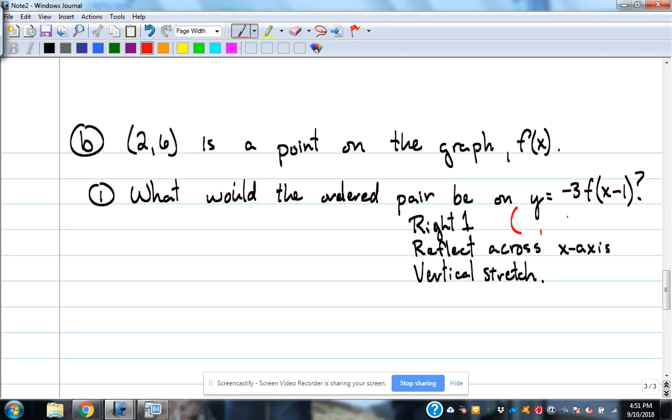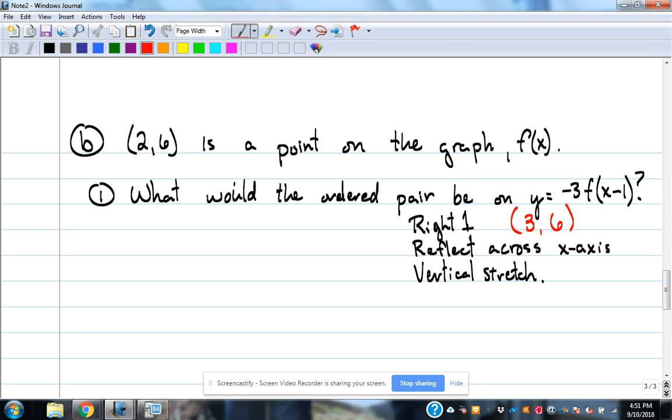Just right 1. I'm just doing one piece at a time. It'd be 3, 6. Doesn't go up or down any for that first part. So after I move right 1, it just moves the x value to the right 1, which would be the 3. 6 stayed the same.